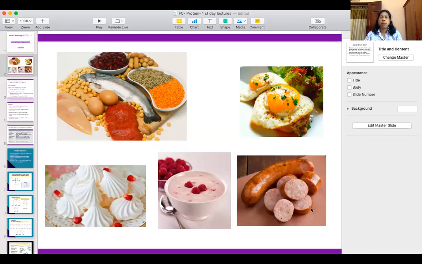So what are those? Buddhika Gaveshani, type here in the chat what are the actions we have used here to change the protein. Type in the chat box for everyone, or you can tell me.